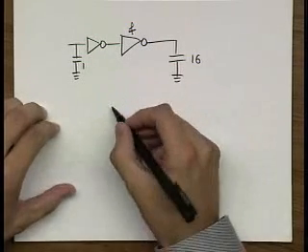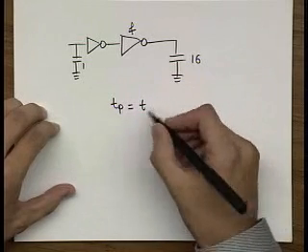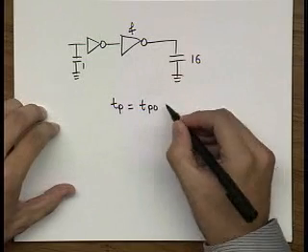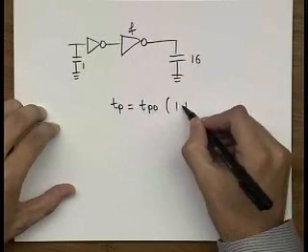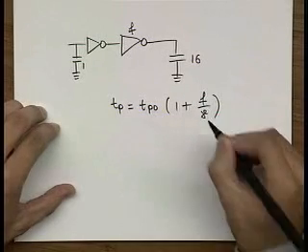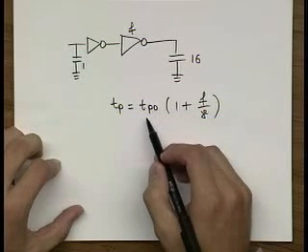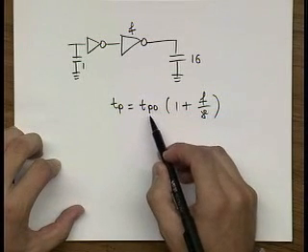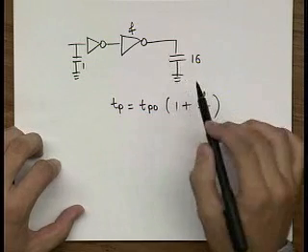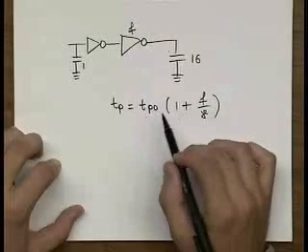And we derived this really nice and simple formula that relates the gate parameters to the propagation delay. We say that it is equal to tp0 times (1 + f/gamma). It was a really nice and simple formula where tp0 is simply the intrinsic propagation delay of your gate that is not loaded with output capacitance, and it was independent of the gate size.